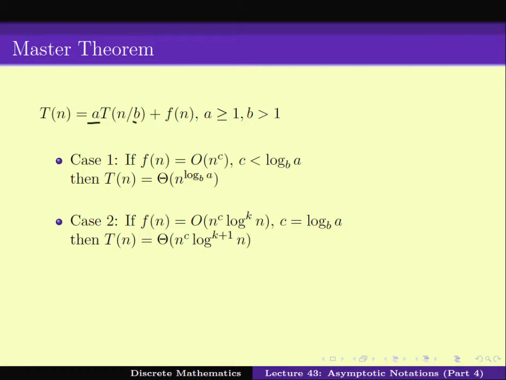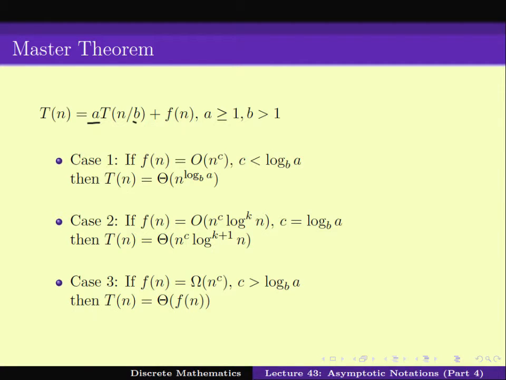The second case says that if f of n is n power c times (log n) power k, and c is exactly equal to log a base b, then T of n equals n power c times (log n) power k plus 1. And the third case is that if c is bigger than log a base b and f of n is omega of n power c, then T of n is theta of f of n.